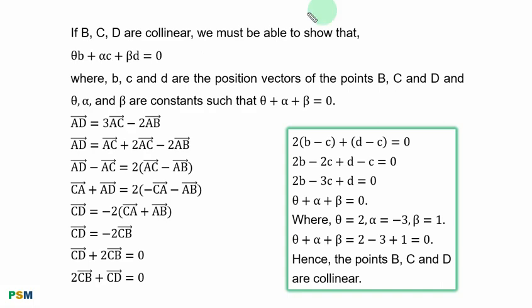If B, C, D are collinear, we must be able to show that theta times B plus alpha times C plus beta times D is equal to 0, where B, C, and D are the position vectors of the points B, C, and D, and theta, alpha, and beta are constants such that theta plus alpha plus beta equal to 0.